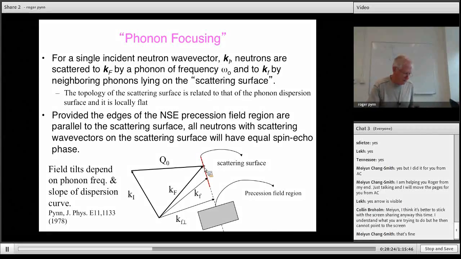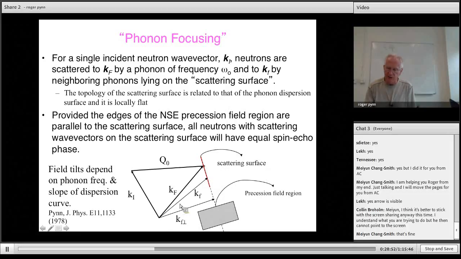Let me see, did I write that down? Apparently not. So what you want to have happen is that for some neighboring value of little kf, so this is another wave vector that's going to get through your instrument, you're going to get scattering from the same phonon when you have this value of Kf.